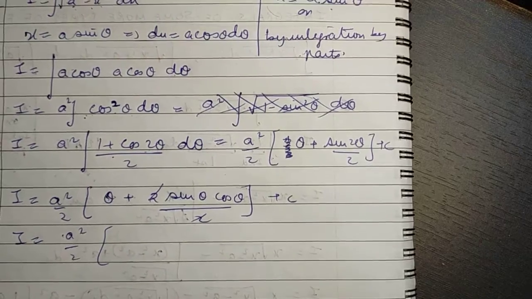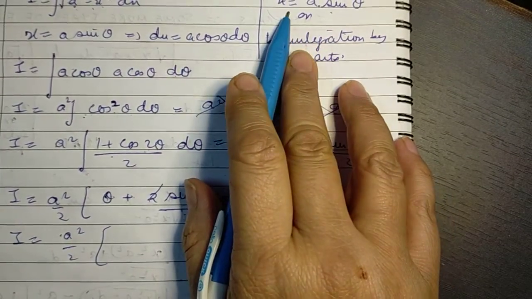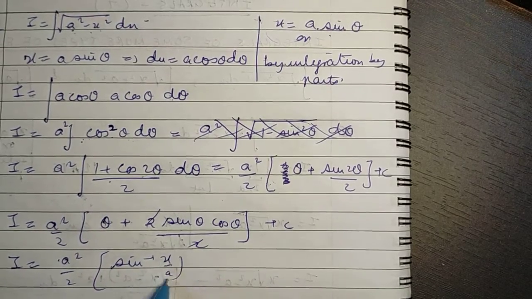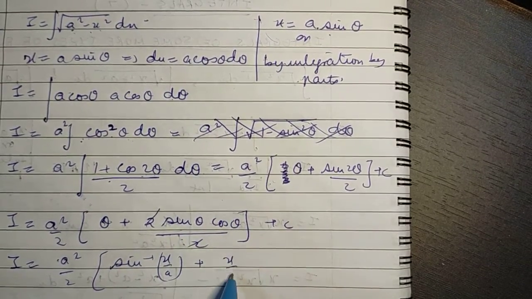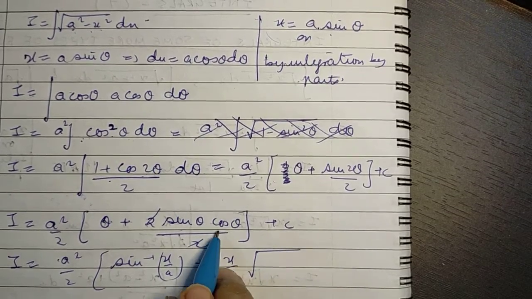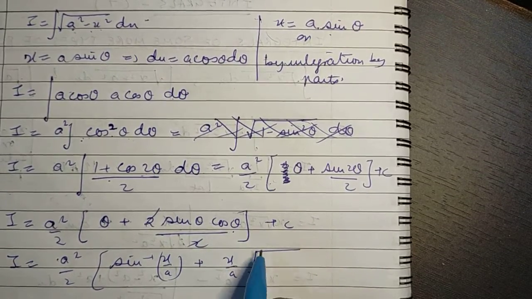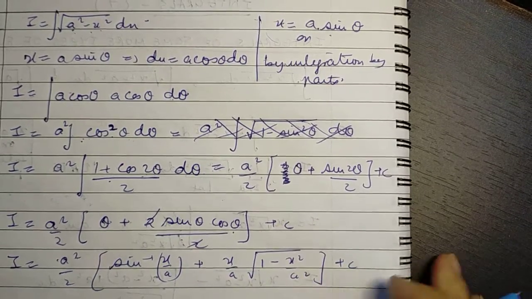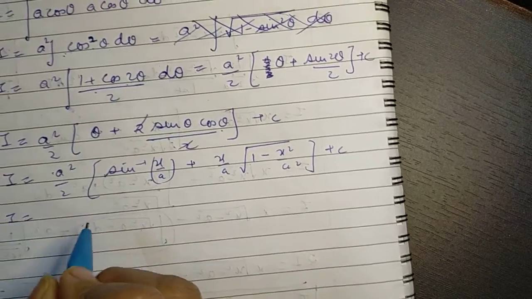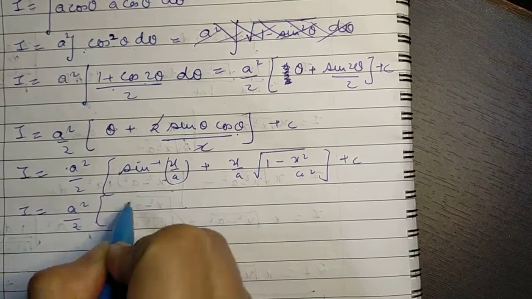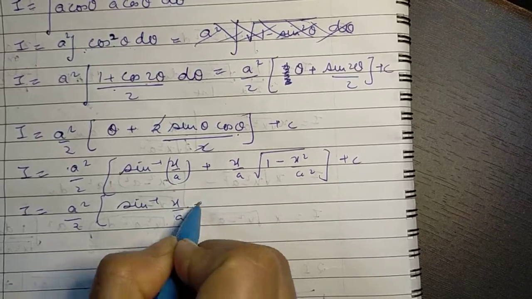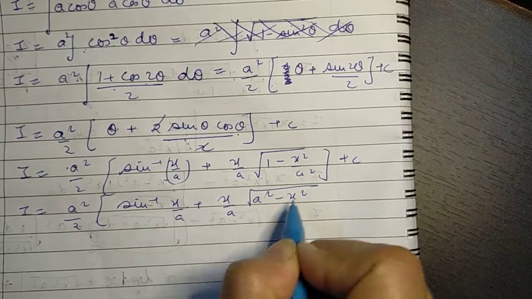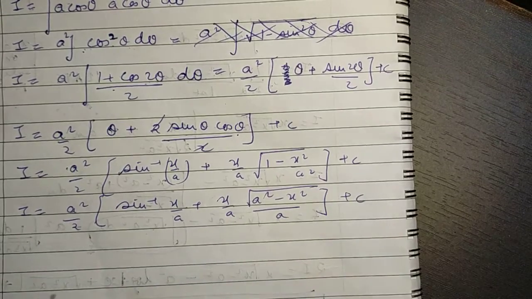Now we have to replace back theta in terms of x. Now theta is sine inverse x upon a, sine theta is x upon a, cos theta is square root of 1 minus sine square theta, that is 1 minus x squared over a squared plus a constant. You simplify it, we get it as a squared over 2 sine inverse x upon a plus x upon a square root of a squared minus x squared into a plus a constant.